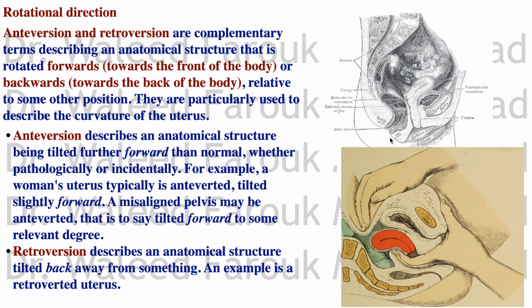In pathological cases, the uterus may be directed backwards. In this case, it's called a retroverted uterus. It compresses the posterior nerves or the sacral plexus. So this is antiversion and retroversion.